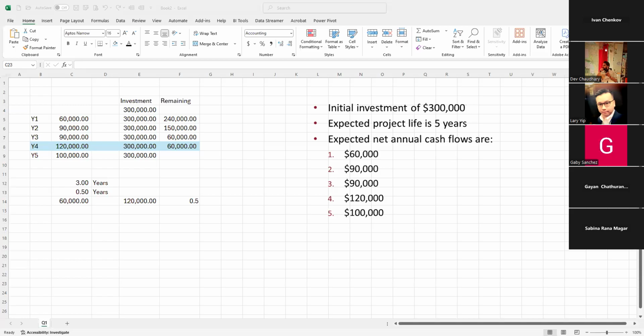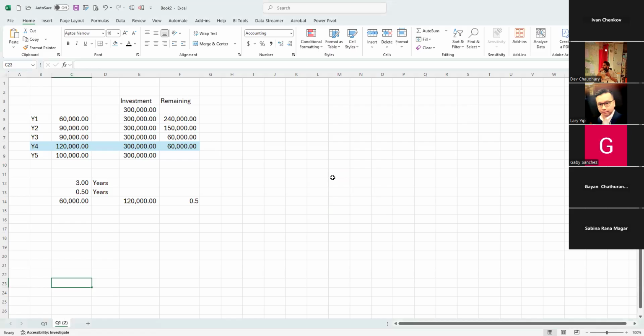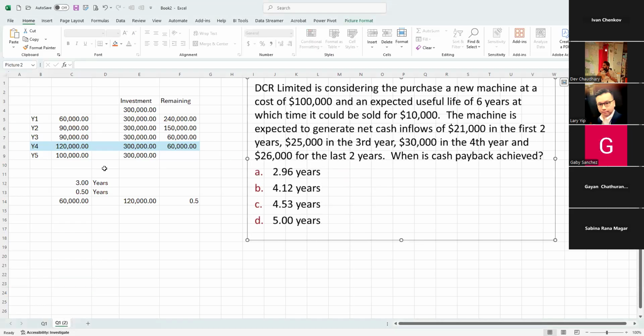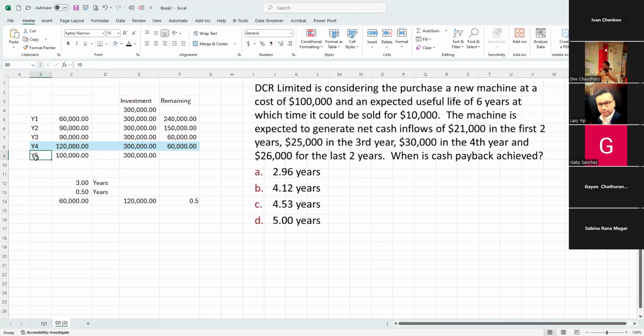What we have to do is simply flip this one here, paste the question, and change the numbers, and we're going to get what we want. Here we have year 4, and we have 1, 2, 3, 4, 5, 6 years. So I have to add 2 more years.